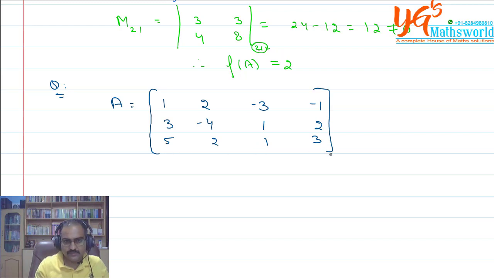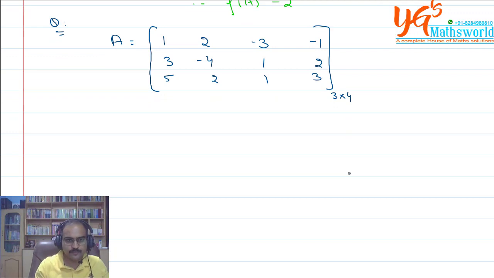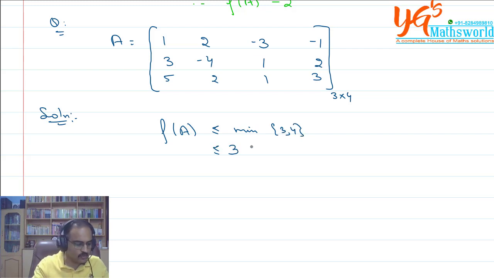Now we know that we have 3 rows and 4 columns, so the order of this matrix is 3 by 4, and by definition we know that rank of A is always less than or equal to minimum of 3, 4. That means its rank will be less than or equal to 3. Now I don't need to find the determinant of A. I need to solve the values of order 3 by 3 only.